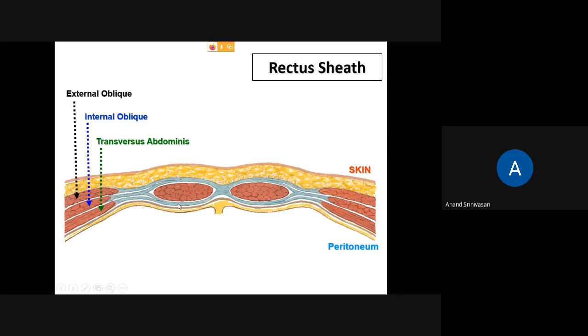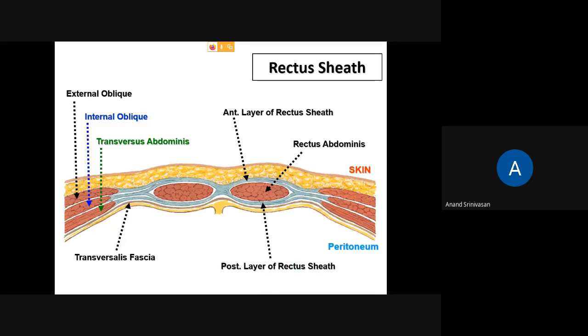Now, the posterior rectus sheath is formed by the posterior part of the internal oblique and the transverse abdominis aponeurosis.